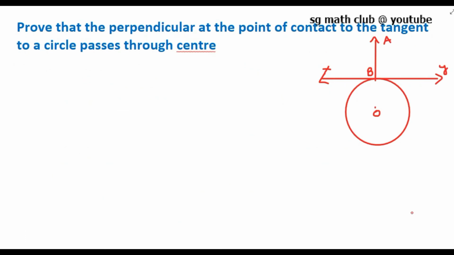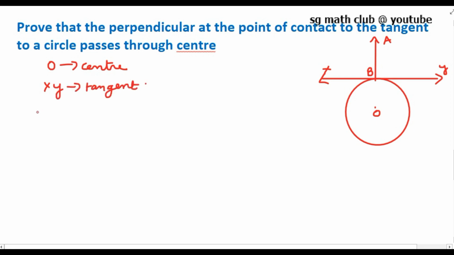Next question. Prove that the perpendicular at the point of contact to the tangent to a circle passes through the center. Here O is the center of the circle, XY is the tangent to the circle, B is the point of contact, and AB is the perpendicular drawn to the tangent, so AB is perpendicular to XY.